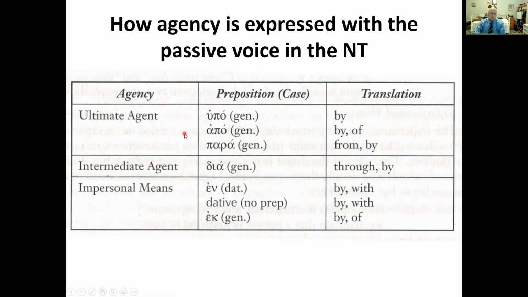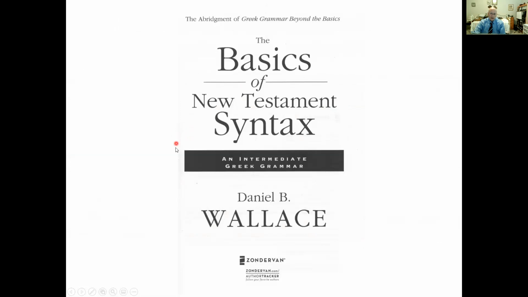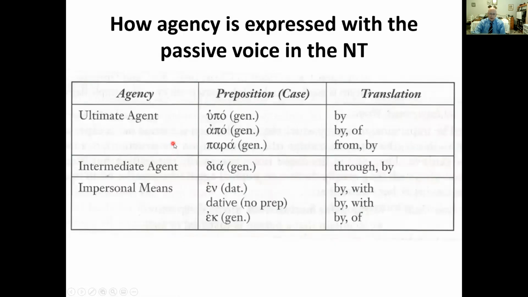KMP has been published 16 years after Dr. Sorry, who did I say? Wallace. After Dr. Wallace, should I say Robbie Wallace, Teacher Wallace? After he produced his grammar 16 years later, KMP produced theirs, and I think theirs is therefore more up to date.